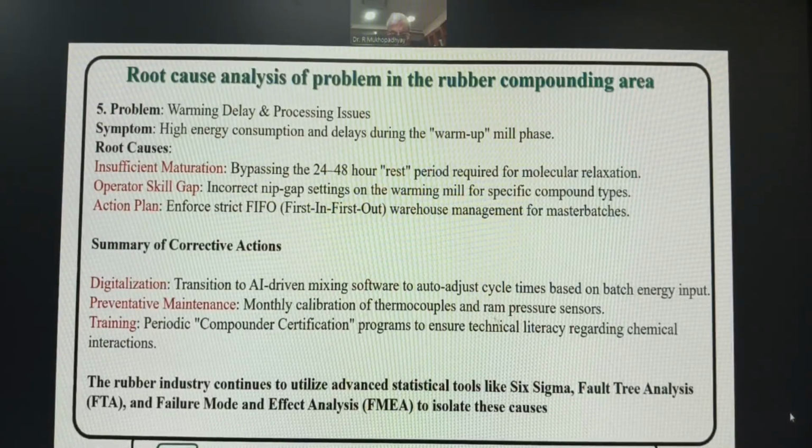Training of compounders, as you know, skilled manpower is required. Another thing you can do is a treatment approach like Six Sigma, fault tree analysis, or failure mode analysis, either PFMEA or DFMEA. This type of thing can isolate these causes.